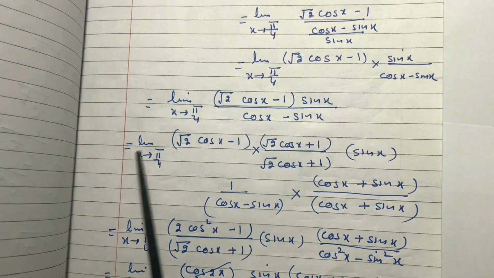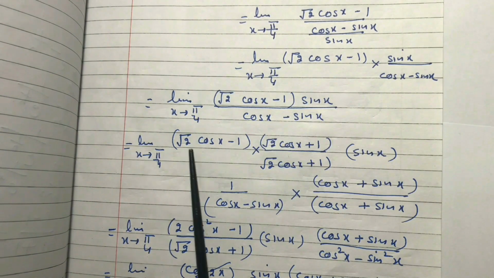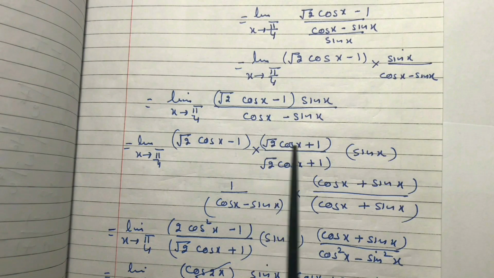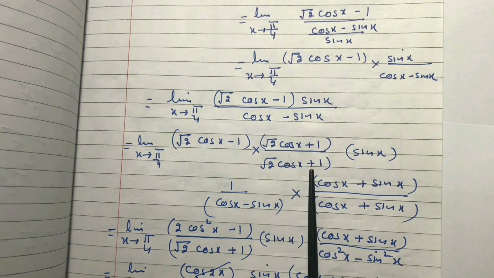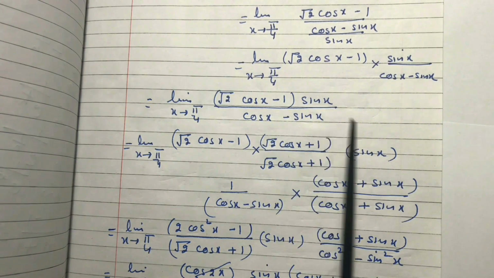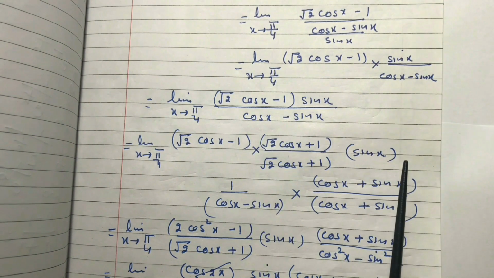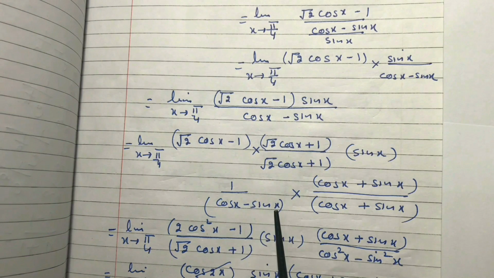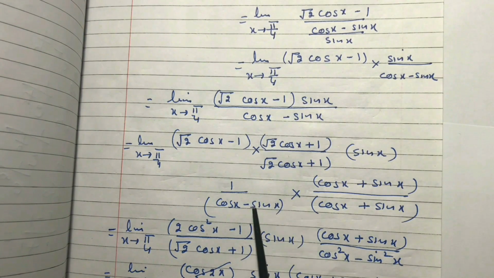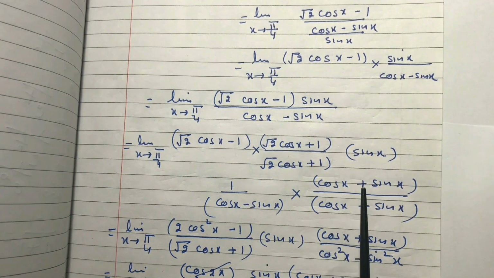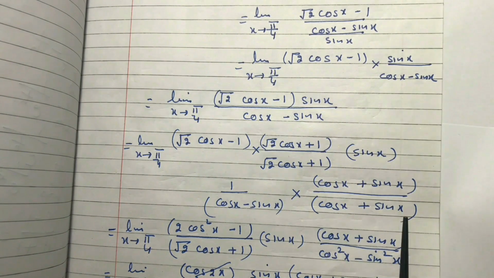For that, limit x tends to pi by 4 of (root 2 cos x minus 1) (root 2 cos x plus 1) upon (root 2 cos x plus 1) into this sin x, and again multiply 1 upon (cos x minus sin x), multiplying and dividing by (cos x plus sin x) upon (cos x plus sin x).